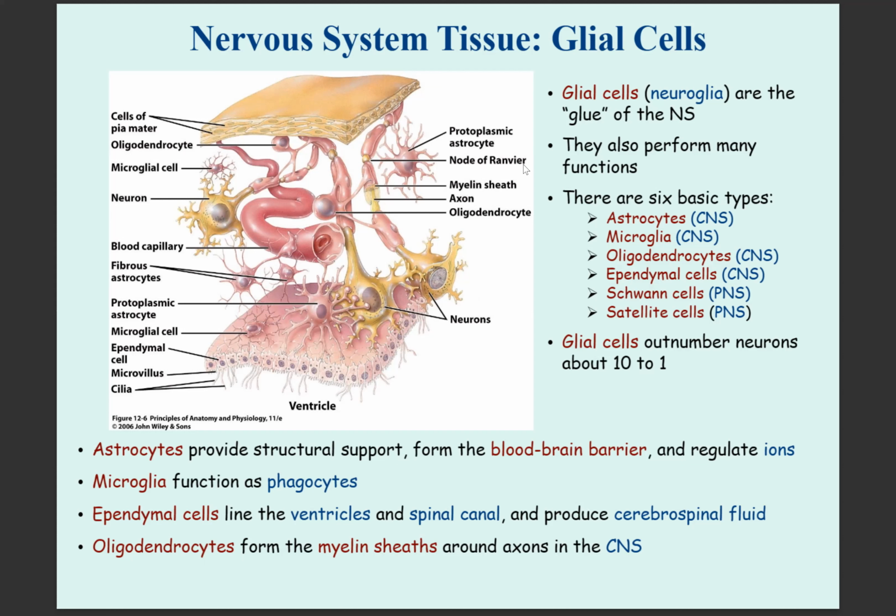And there are 6 basic types. 4 of them are in the central nervous system, while 2 are in the peripheral nervous system. So astrocytes, which we usually find in the central nervous system, are associated with the formation of the choroid plexus.